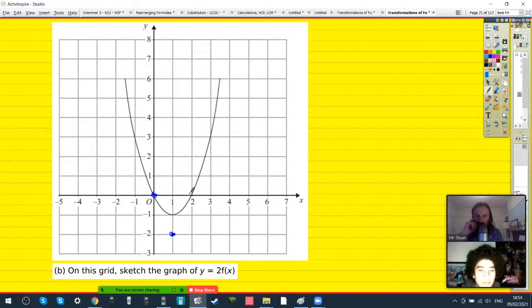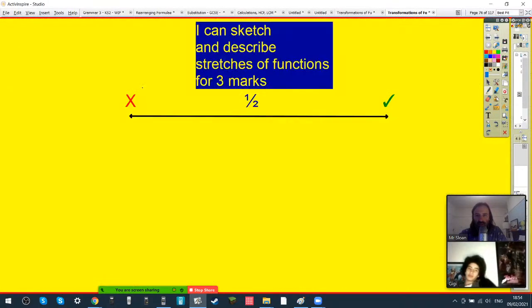This one is 0, 2. That's 2, 0. That'll stay the same. Let's say D is up here. 0, 3 would become 0, 6. 3, 3 would become 3, 6. That's it. Let me do it like that. Right, we'll do our test.